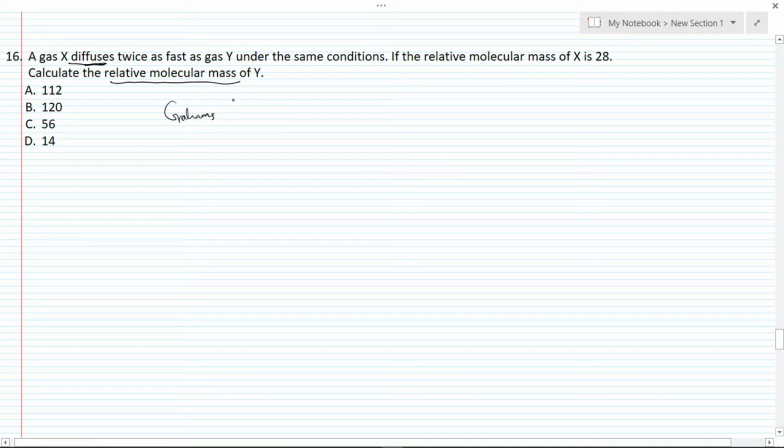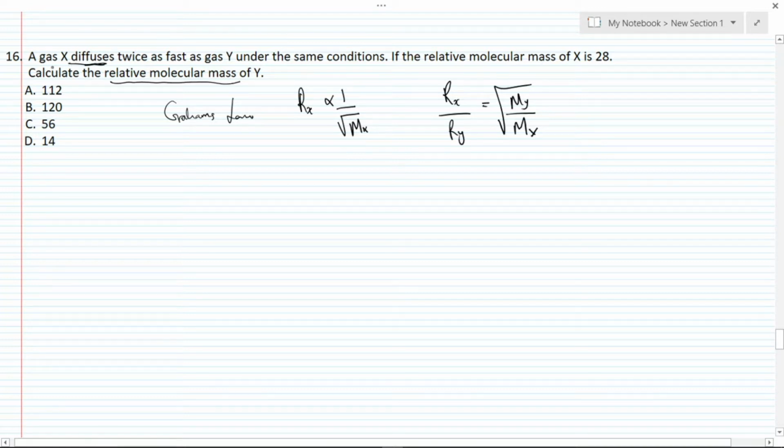Just a quick recap: Graham's law of diffusion states that the rate of diffusion of a gas is inversely proportional to the square root of its molecular weight, and if we have two gases, gas X and gas Y, the expression is given as this. And that's what we have, gas X and gas Y.